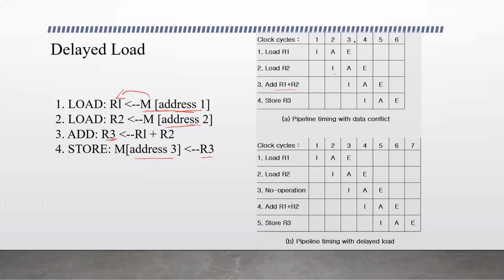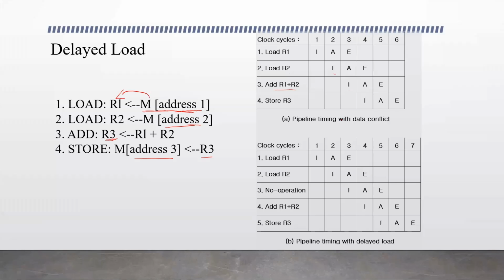During clock cycle 3, the first instruction goes to the execution phase, the second is decoded and its ALU operation performed, and the third is fetched. This way, every operation is started in the subsequent clock cycles.